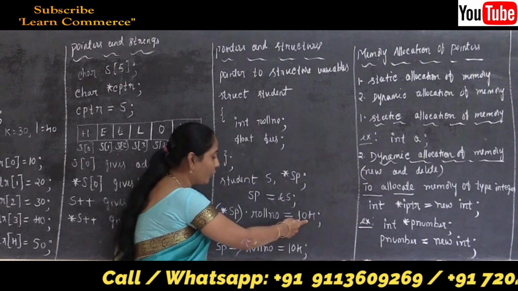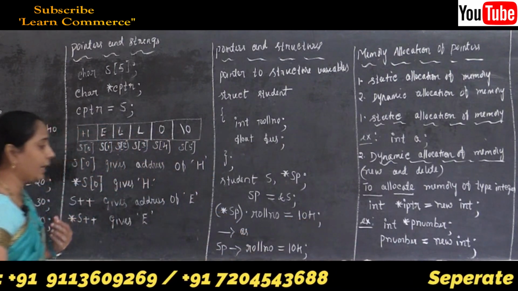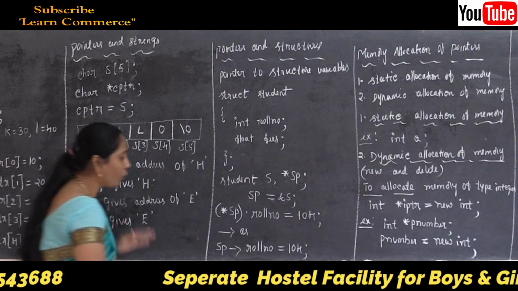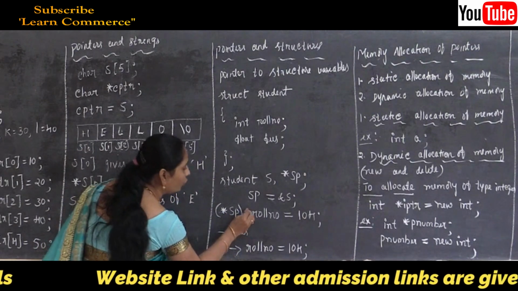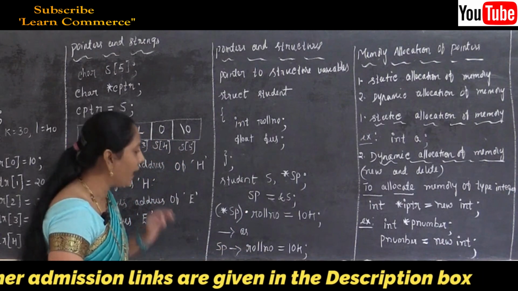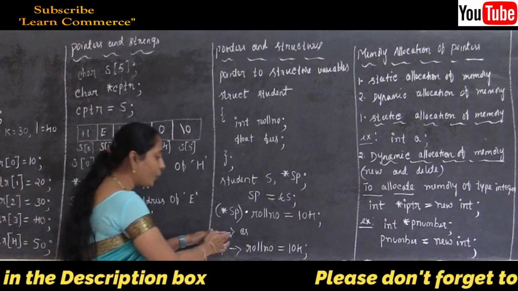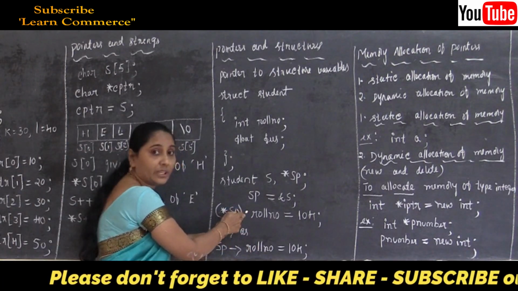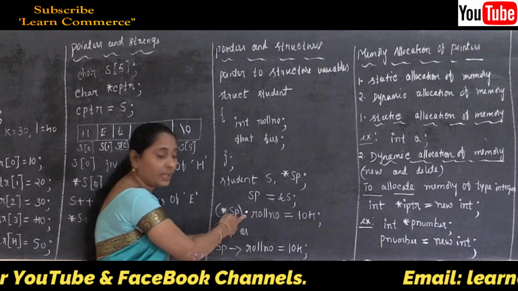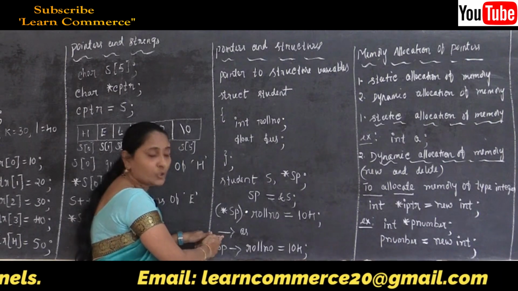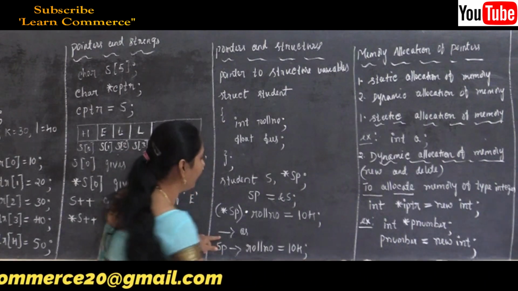So not just the pointer, otherwise the dot operator is used to assign the value to the roll number. The above statement, where I used the dot, can also be written by using the arrow operator. So this is called the arrow operator. Clear this point?